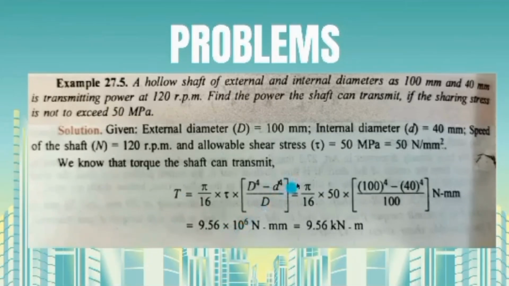So to find power, we first need to calculate the maximum torque, which is the T, the shaft can transmit without exceeding the allowable shear stress. So let's find the answer.